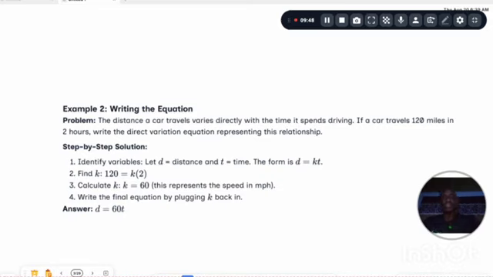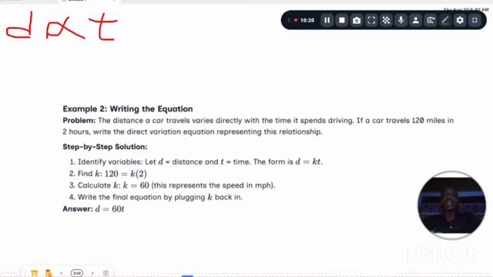We can denote distance with letter D and time with letter T. So don't forget, distance letter D, time letter T. So let's proceed. The distance a car travels, so I'm writing D now. That D denotes distance. Varies, I'm using the symbol directly with the time. So D varies directly with time.